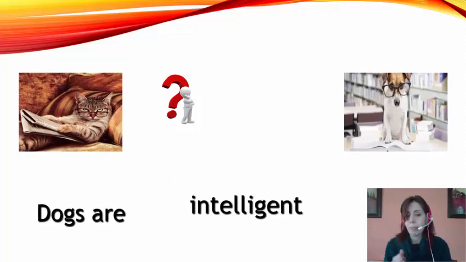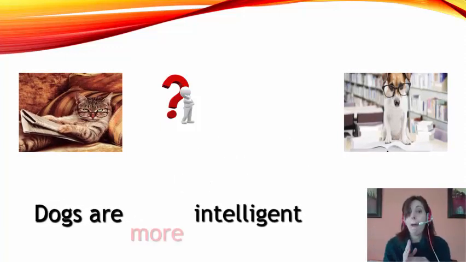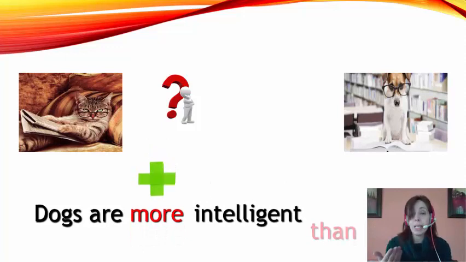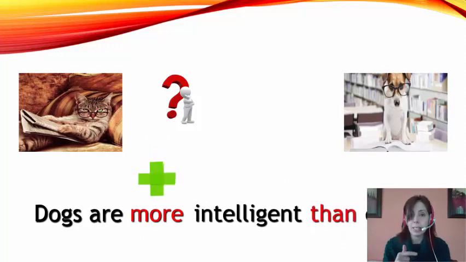Right, look at this. Dogs are more intelligent than cats. More intelligent than cats. Yes? Similar to Spanish? Yes, similar to Spanish. The only little thing to pay attention to is than.